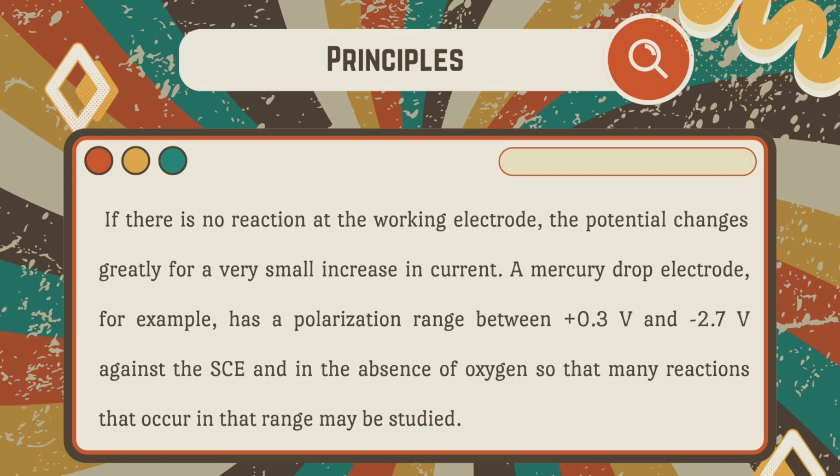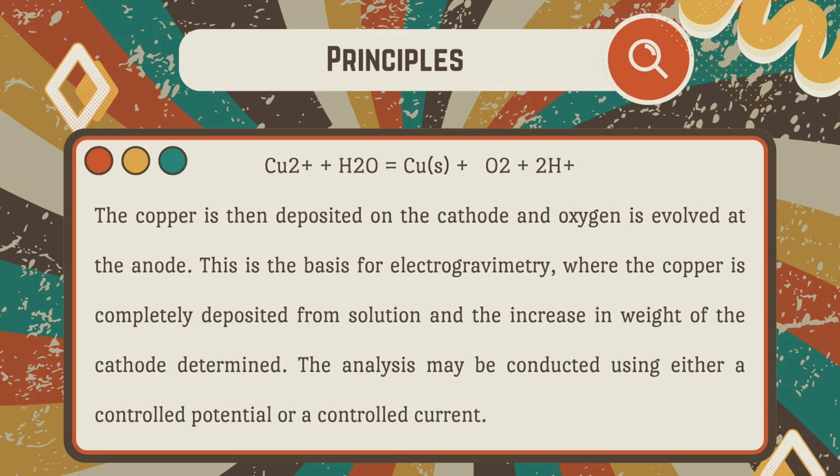The reaction that occurs is Cu²⁺ + H2O = Cu + 1/2 O2 + 2H⁺. The copper is then deposited on the cathode and oxygen is evolved at the anode.